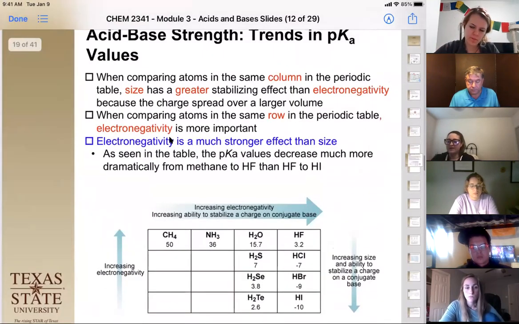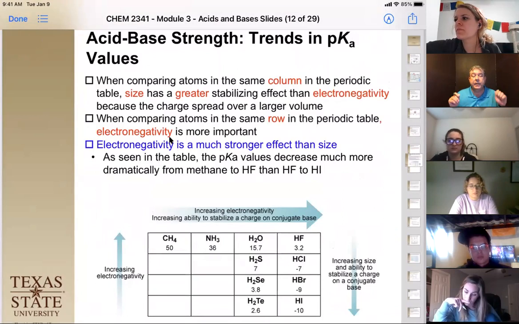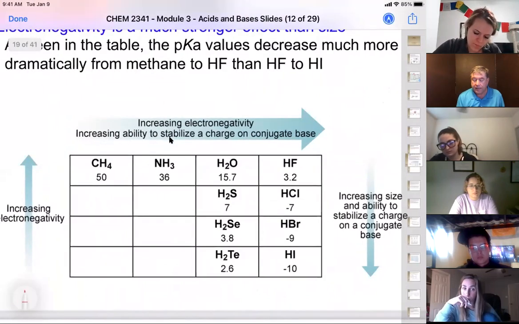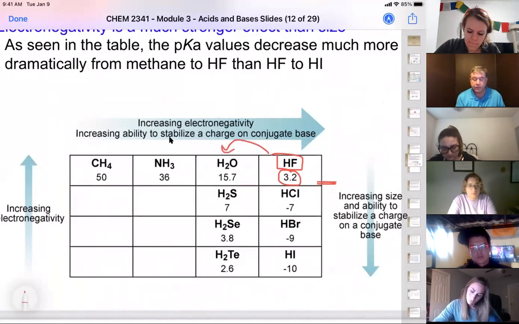Okay, so let's put some actual values on these things and compare them so that we can see the difference between electronegativity and the difference in size. Okay. So I'm going to pull that part up here. So HF, I said it was not a strong acid. It's not below 0, and it has a pKa of 3. Okay, that's close. And as we go to water, we had a pKa of 15.